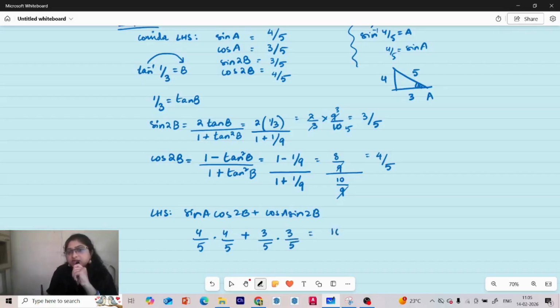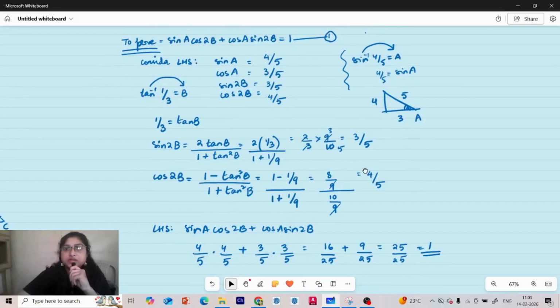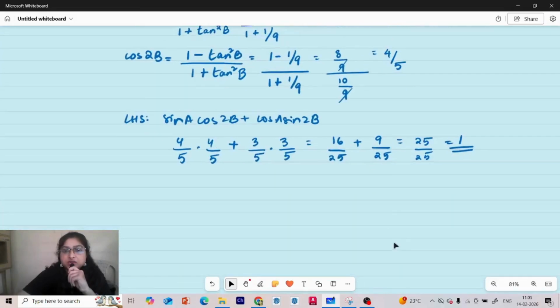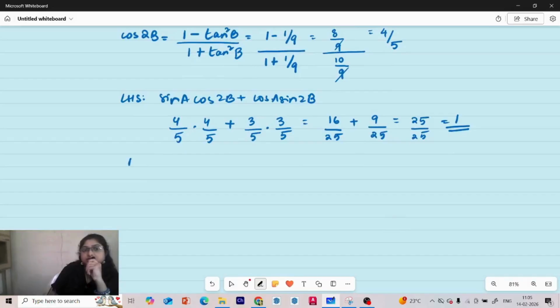So we have 16 by 25 plus 9 by 25, which is equal to 25 by 25, which is equal to 1. And RHS? From equation 1 you can see that RHS is also 1. LHS is equal to RHS. Hence proved.